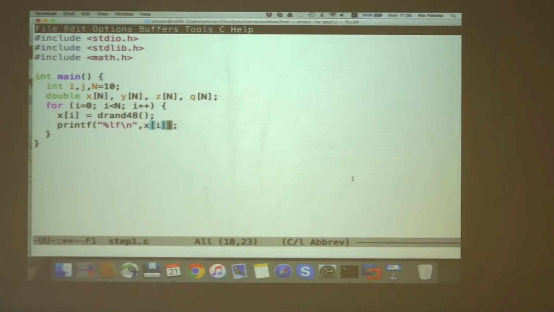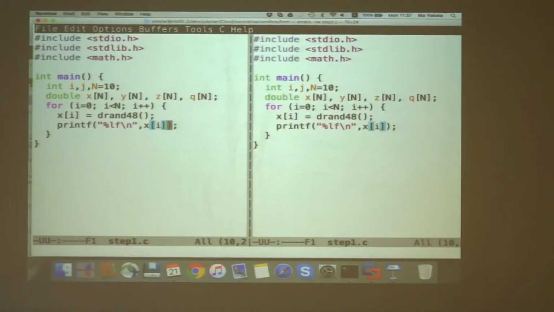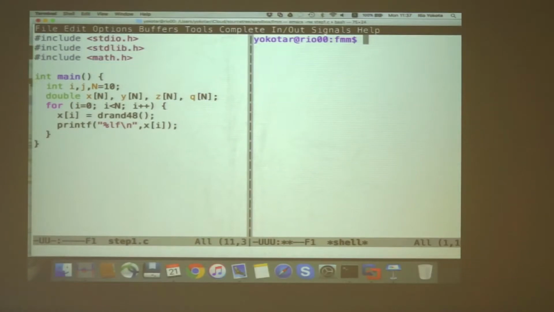Just so I don't disrupt whoever is looking at my screen, I'm going to split my screen. On this side of the screen, I'm going to try to compile what I just wrote.